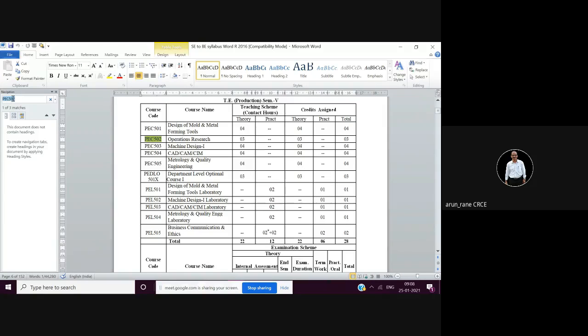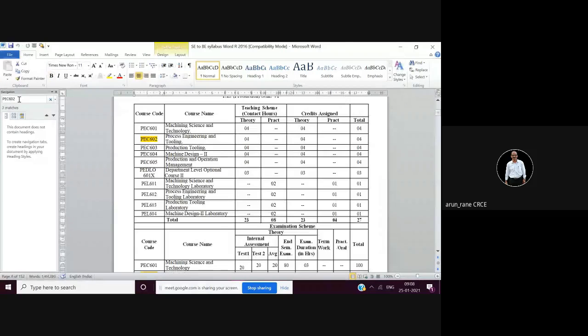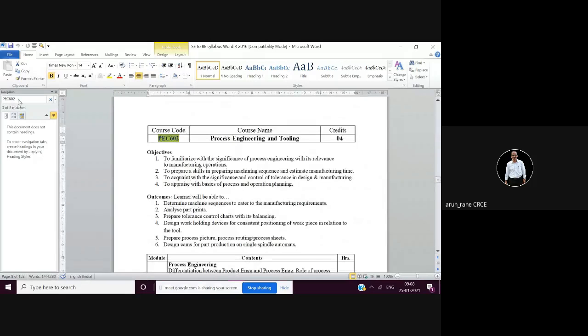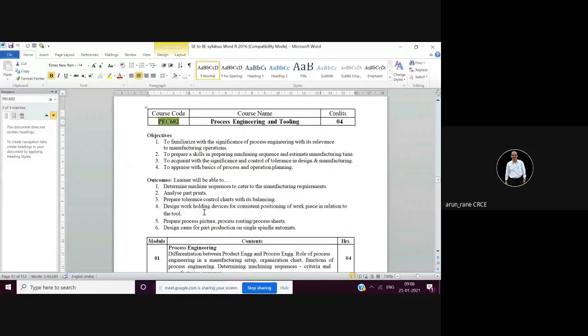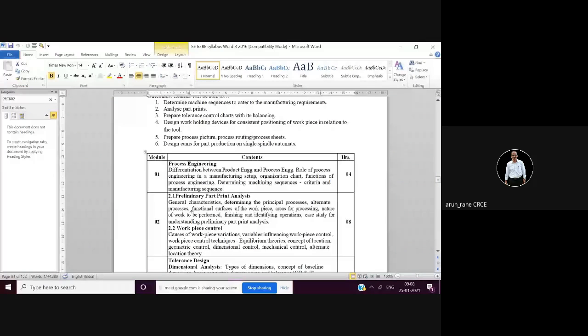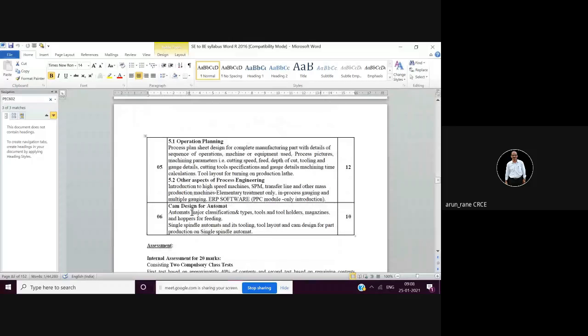Sorry, it is semester 6. So it is PEC 602. So this is your syllabus, and this is what is your objectives is. For every subject, you are supposed to know the objectives. That is, what is the course objectives and what is the course outcomes. And this is what is your syllabus is.